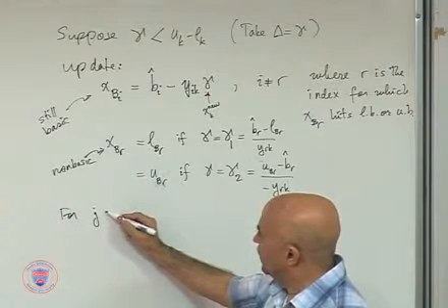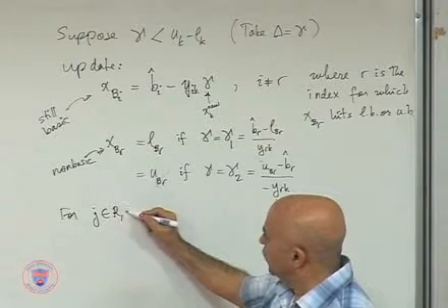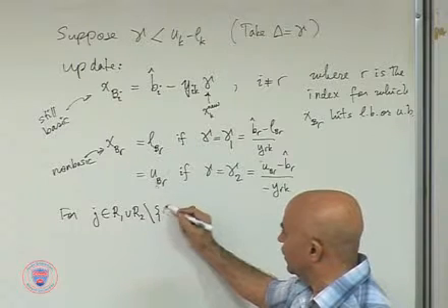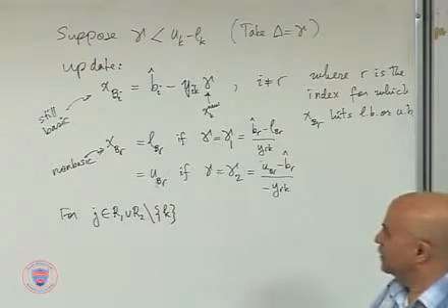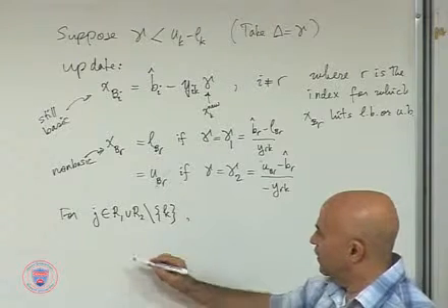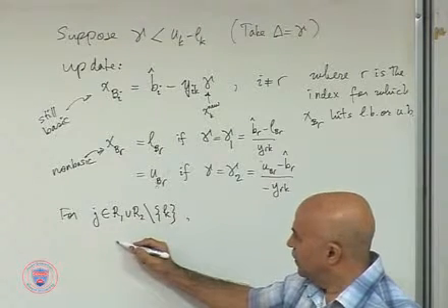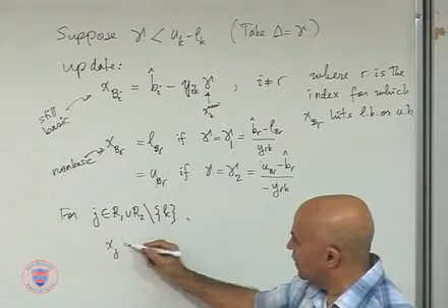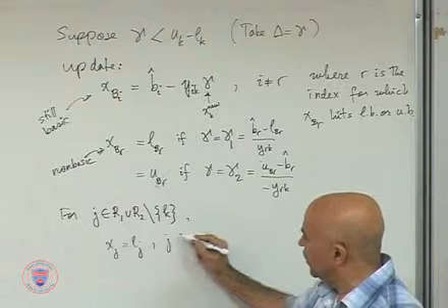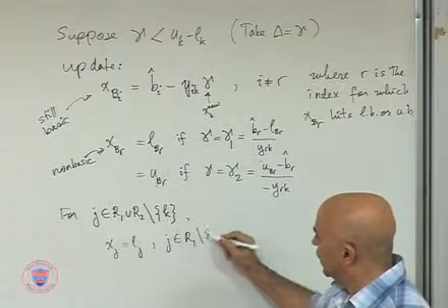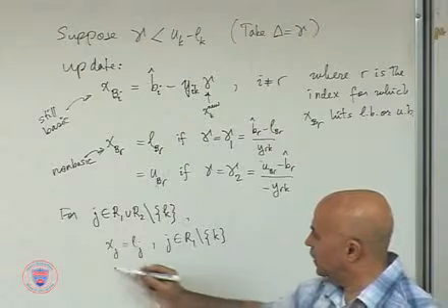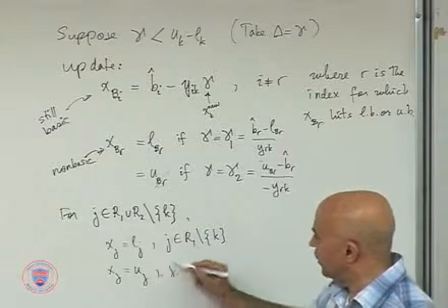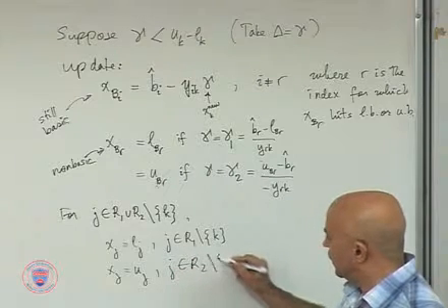For j in R1 union R2, the set of non-basic variables except the entering one, xj is still at the lower bound for j in R1 other than k, and xj is at the upper bound for j in R2 other than k.